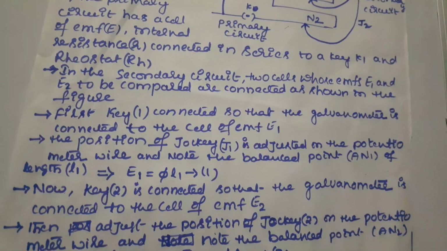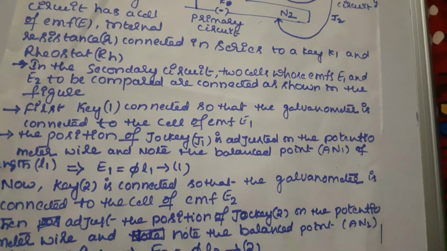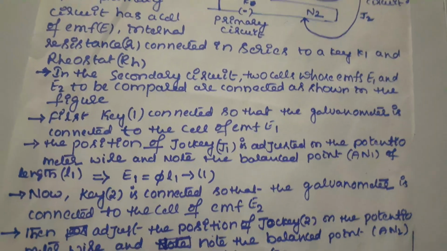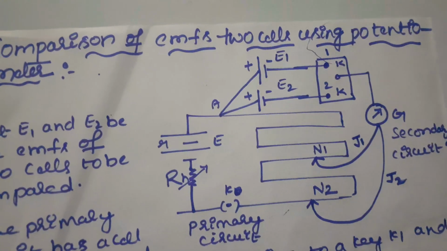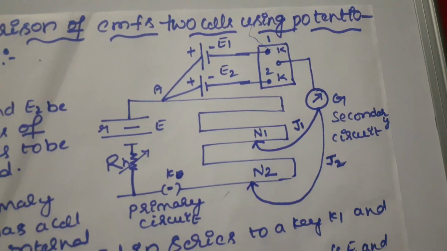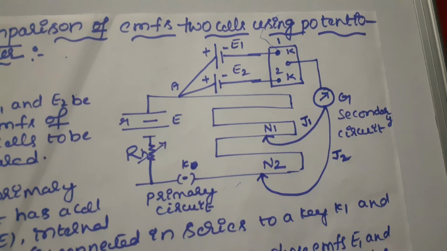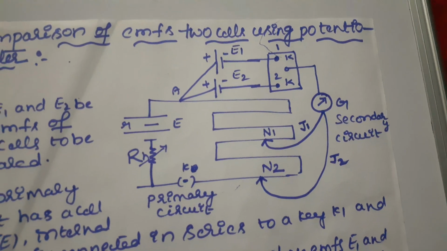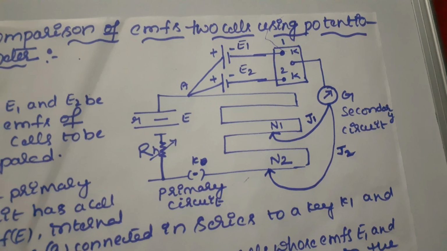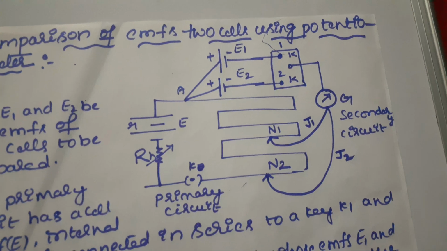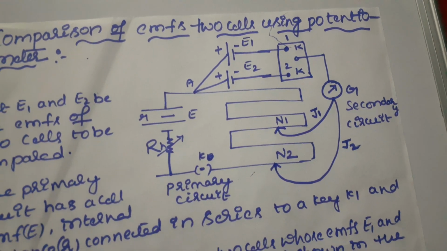Now the position of the jockey J1 is adjusted on the potentiometer wire. You adjust the jockey J1 on the potentiometer wire from the point A until you get a balanced point, that is, until the galvanometer indicator shows 0.